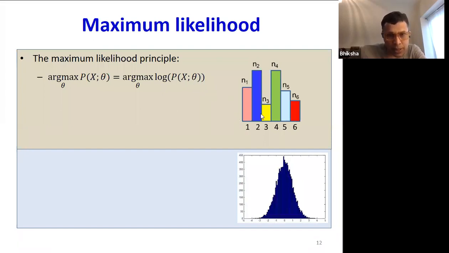In this case, the parameters are going to be the probabilities of the 6 faces of the dice. And so we are going to choose the parameters theta such that the probability assigned to the data by our model is maximized. Basically, you want to choose the distribution that makes the data most boring.